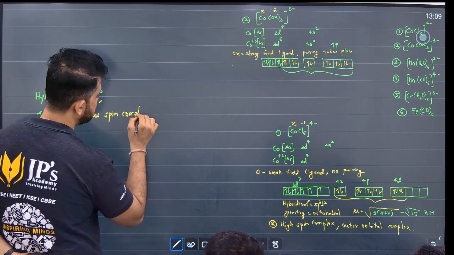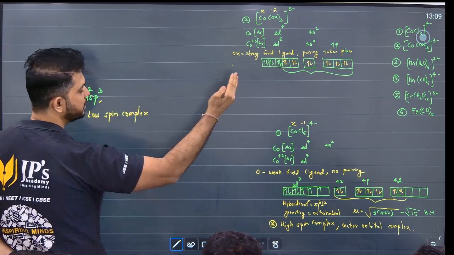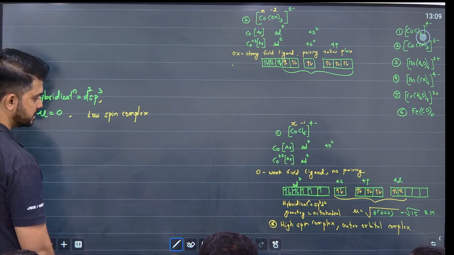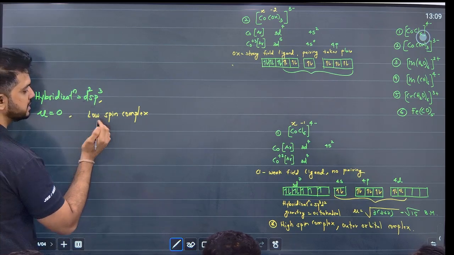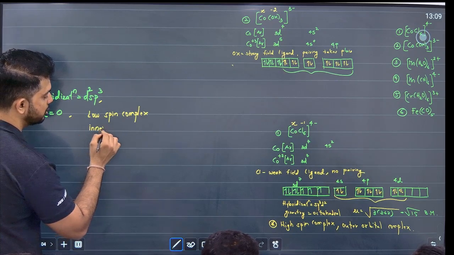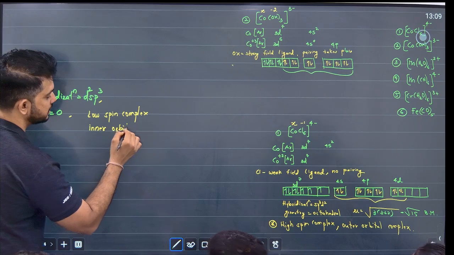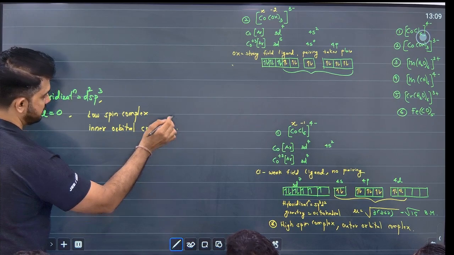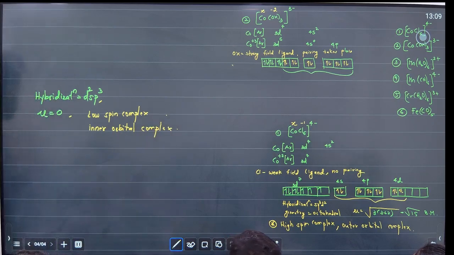It's very obvious. The spin is paired up. There is no spin. Low spin complex. And since the inner d orbital of the metal is used, these are called inner orbital complexes.